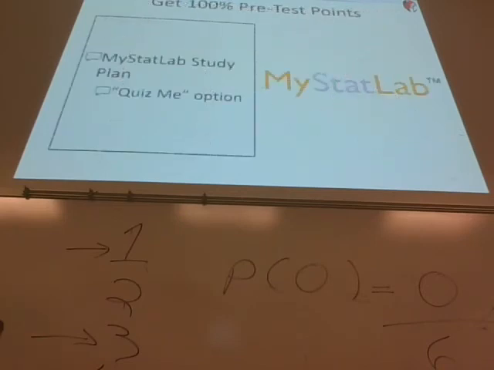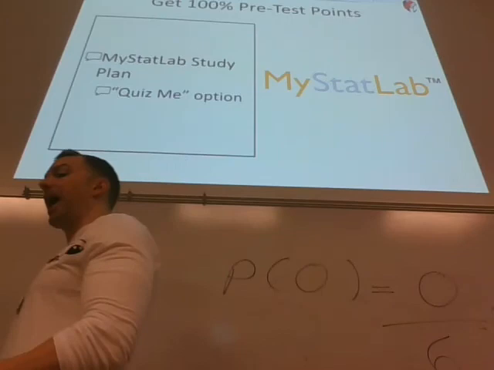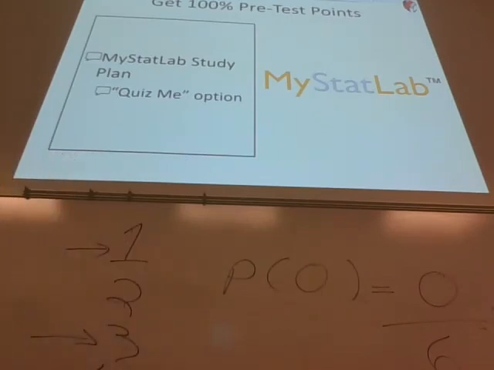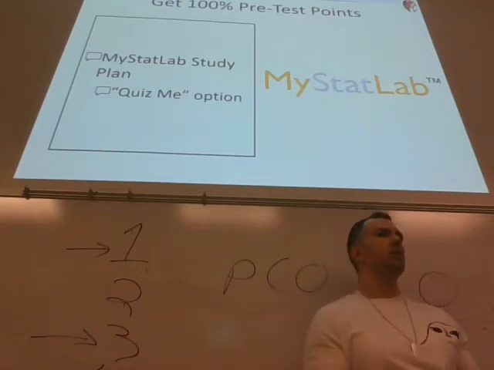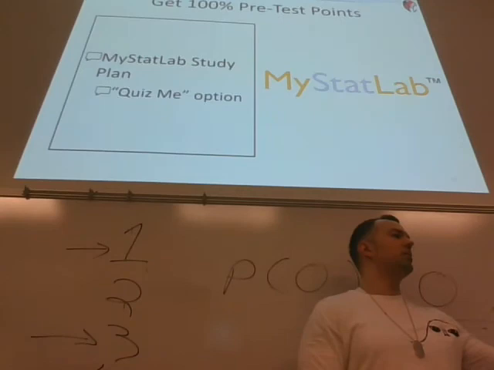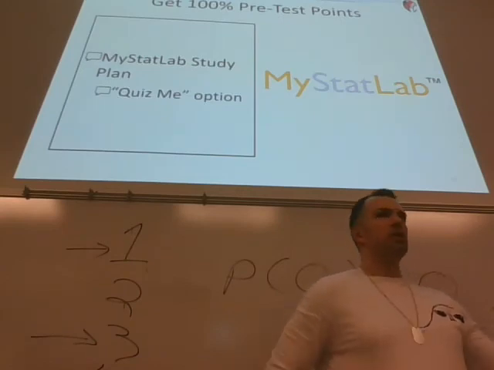Okay, so we're going to have a little bit of a shorter day today. Again, just kind of trying to ease into this current section after exam number 1. So just kind of let you know, there was nothing I don't believe was due today, but don't forget about the 100% for your pretest points. Use the Quiz Me option.